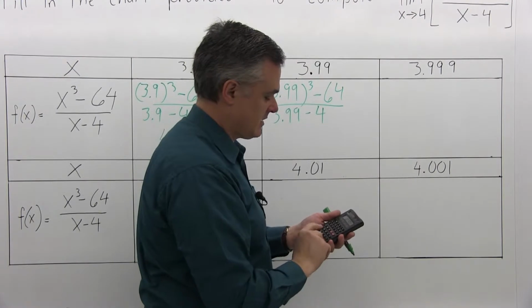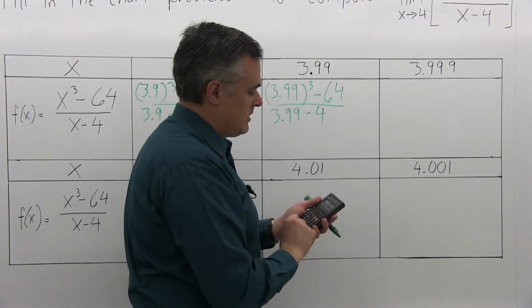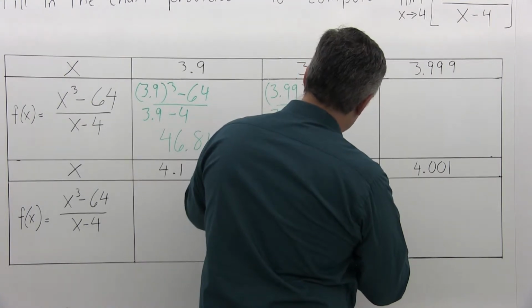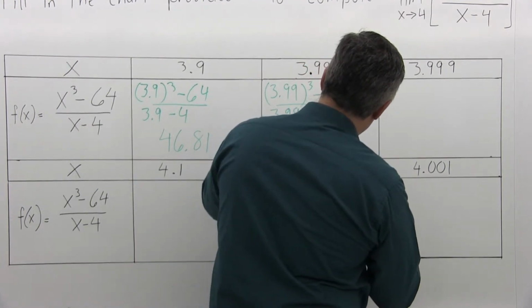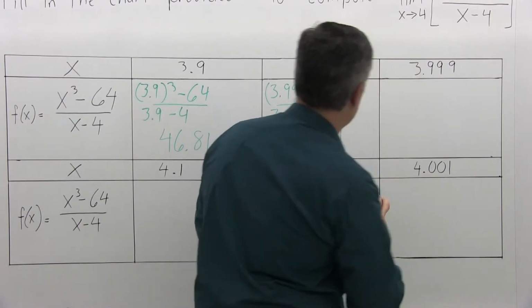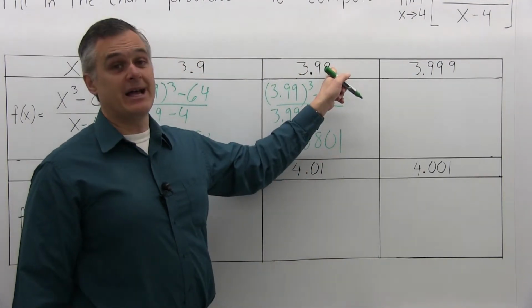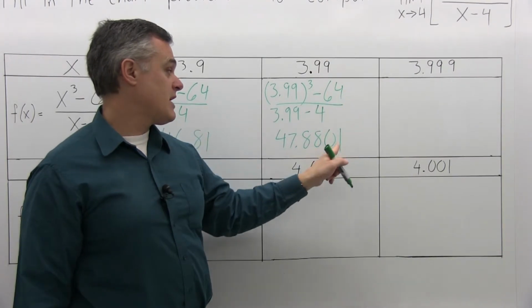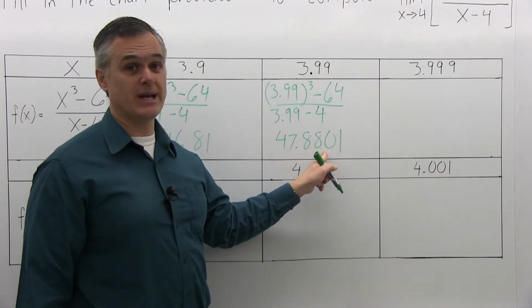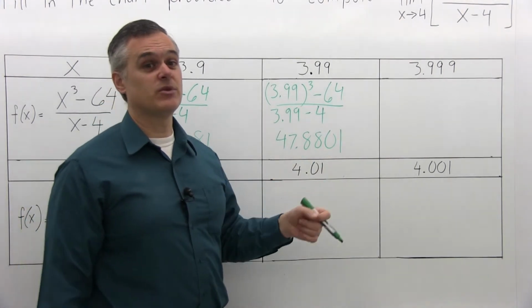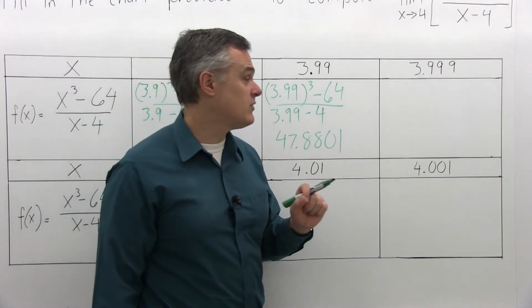So let me just divide that. And I get positive 47.8801. So if I put in 3.99 for x, the y value comes out to 47.8801. So next, let's try an input value even a little closer to 4.